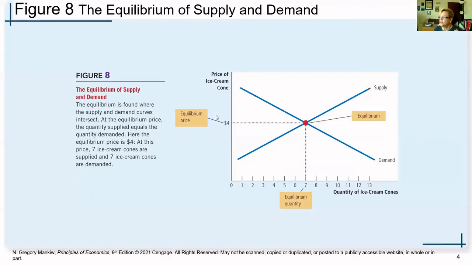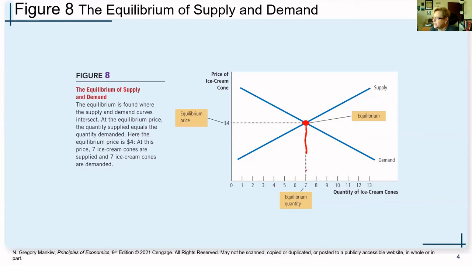That's your first step in anything, because that tells you where it started off at and where the market is in balance between the quantity demanded and the quantity supplied. So here again, here's our price of ice cream cones and the quantity of ice cream cones. We can see in this graph where the two intersect, where the quantity demanded equals the quantity supplied.